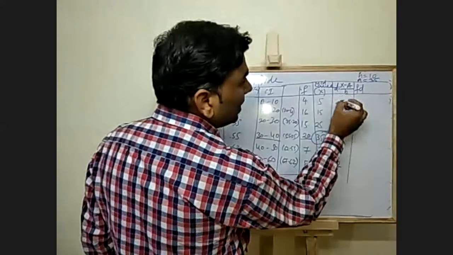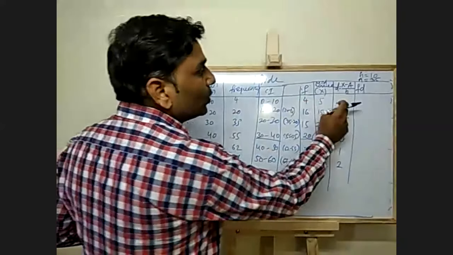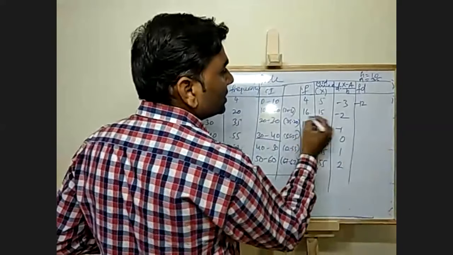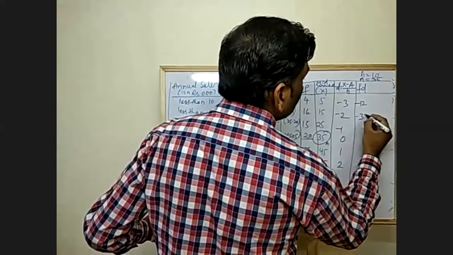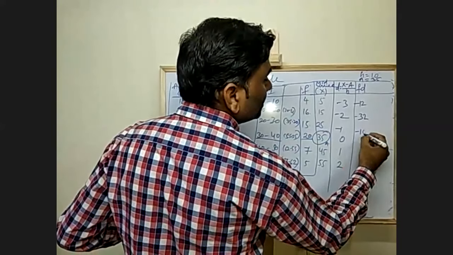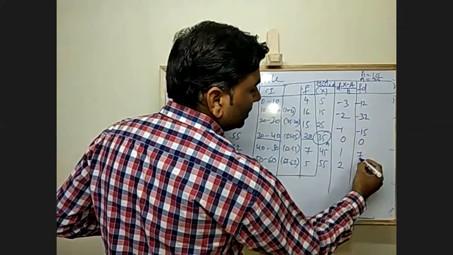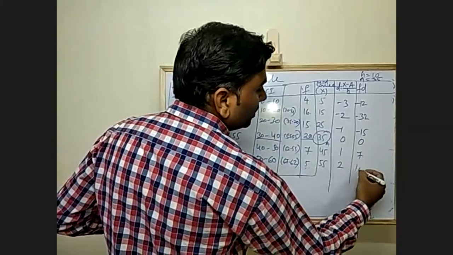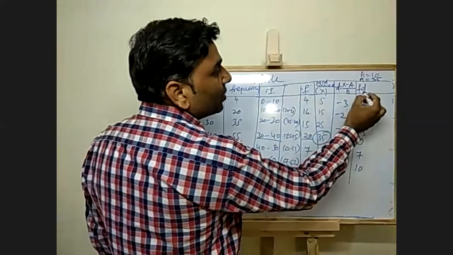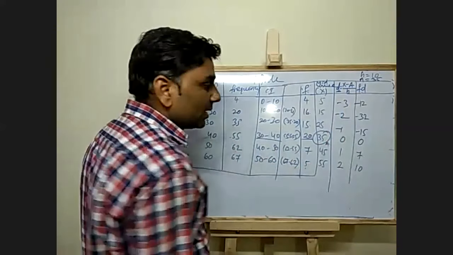Next, in the formula I have f into d. So I have to multiply d into f. So 4 into minus 3, minus 12. 16 into minus 2, minus 32. 15 into minus 1, minus 15. This is 0. 7 into 1, 7. 5 into 2, 10. What I did, I multiplied f with d. So I got f into d.